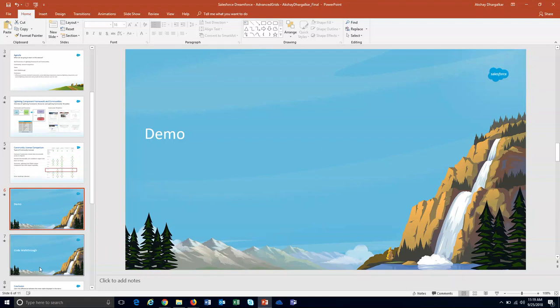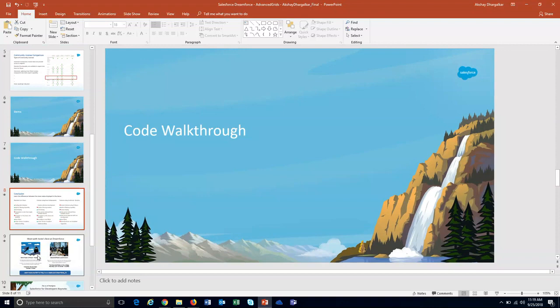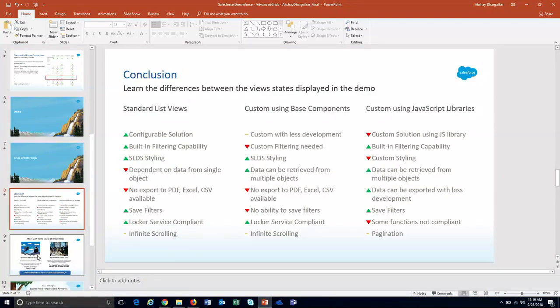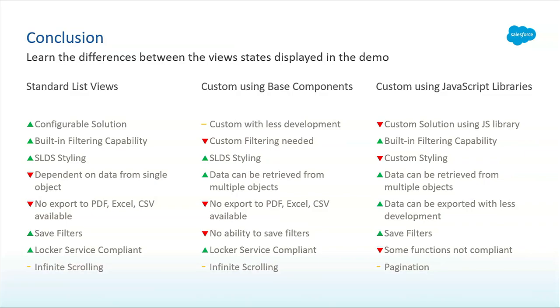Going back into my presentation, we did a demo and a quick code walkthrough. To conclude, if you have a use case, your first approach should not always be to go with a JavaScript library. There are a lot of benefits to going with standard record lists or using some base components.